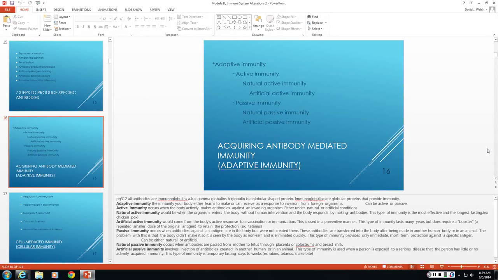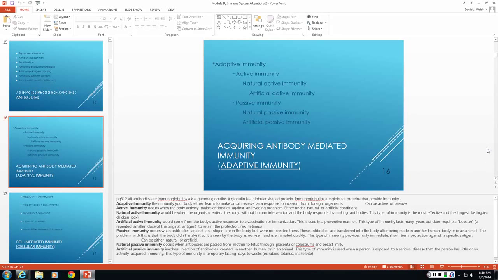Now your natural active immunity would be when the organism enters the body without human intervention, and the body responds by making antibodies. Now this type of immunity is the most effective and the longest lasting. An example of that would be chicken pox.